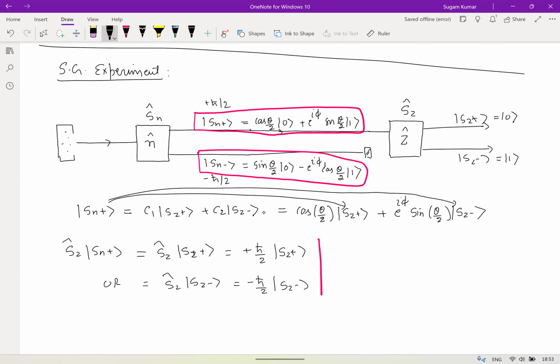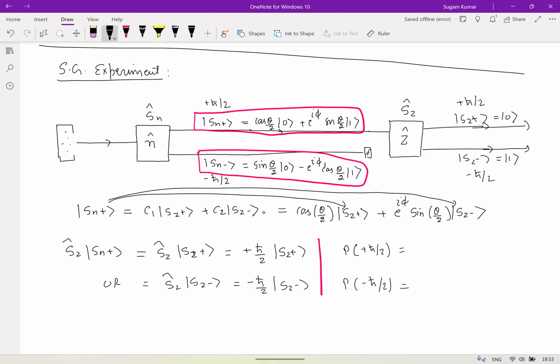Okay, if this is the situation, then what is the probability? So look at here, this gives the eigenvalue h cut by 2 and minus h cut by 2. So the question is, what is the probability of getting plus h cut by 2, and what is the probability of getting minus h cut by 2?